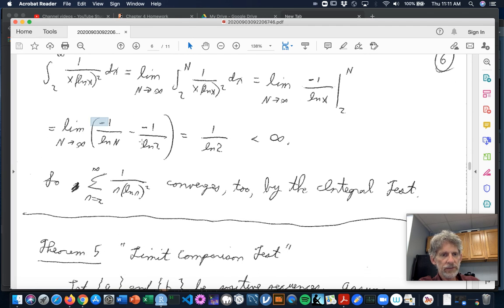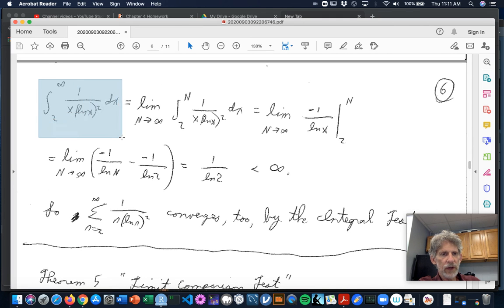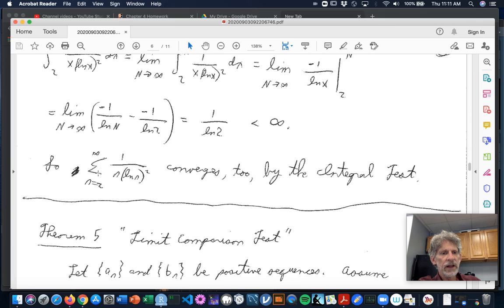Here it is here. Take the limit as n goes to infinity. Well, minus 1 over log n goes to 0, so we're only left with a minus 1 over log 2. And that's finite. So this improper integral converges, therefore this infinite series converges by the integral test.